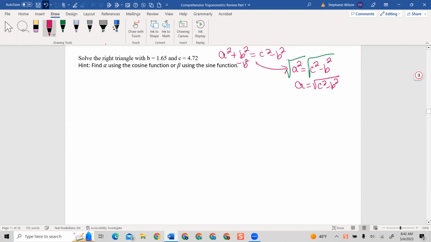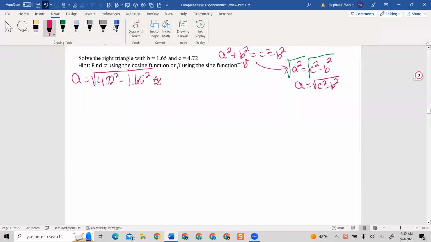So what we're going to do is plug in what we know. So let's come over here and say a equals c is 4.72 squared minus b, which is 1.65 squared. And let's figure that out. And you may want to round to the nearest hundredths on this.